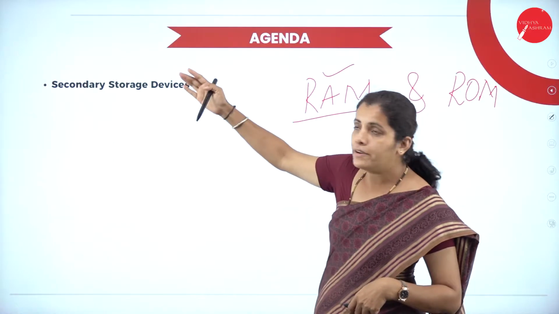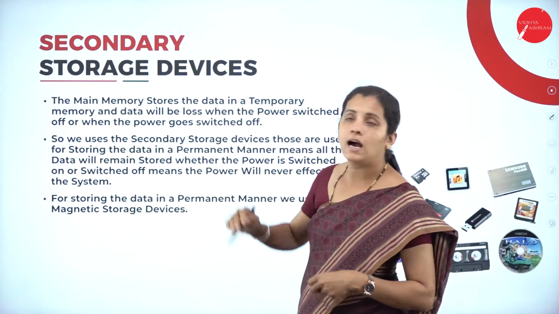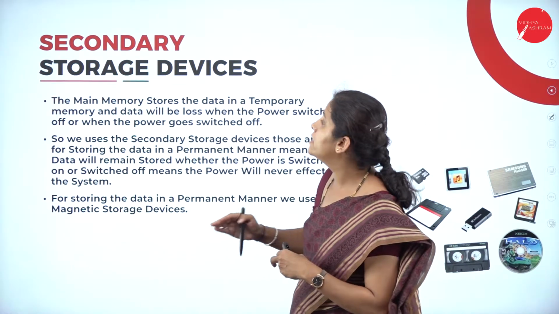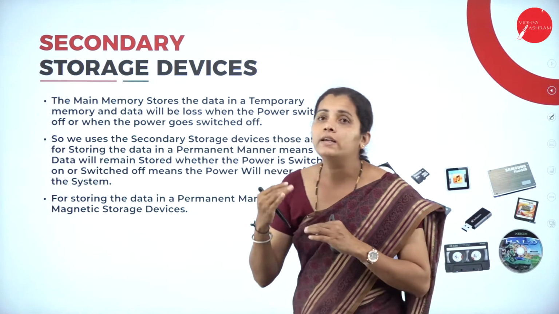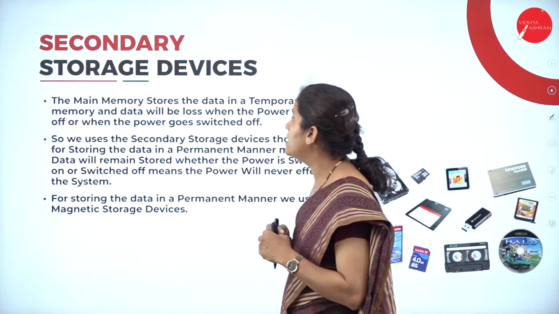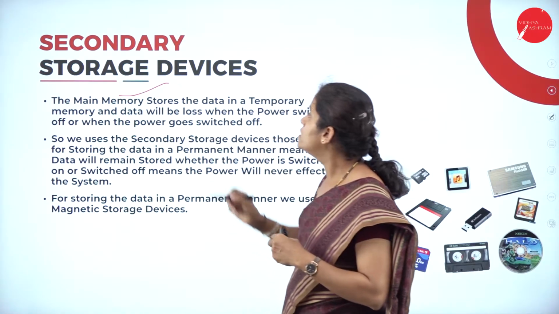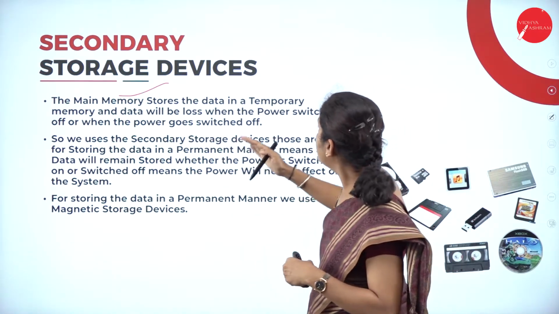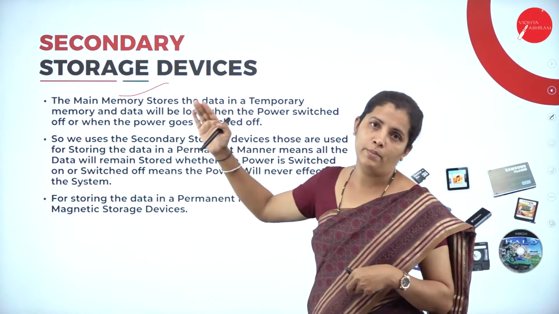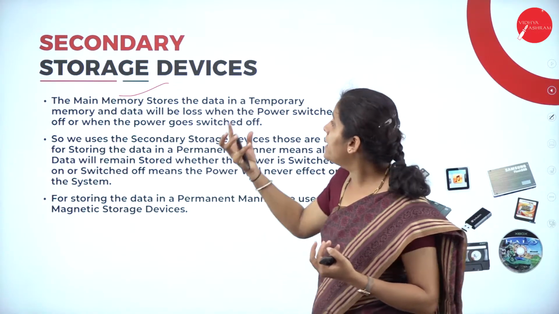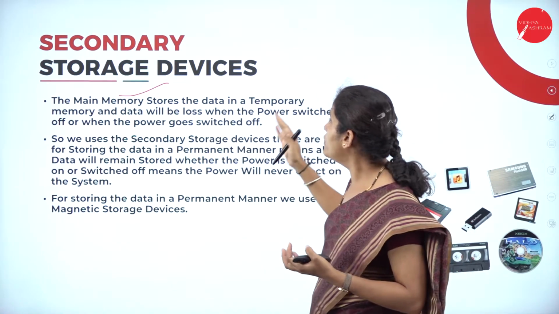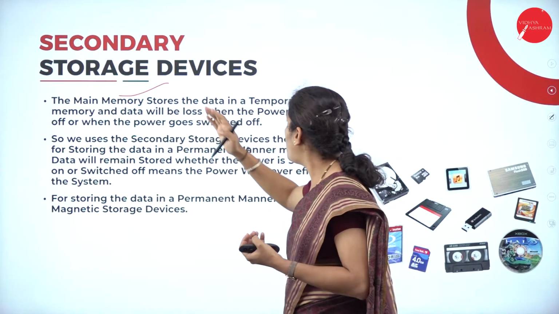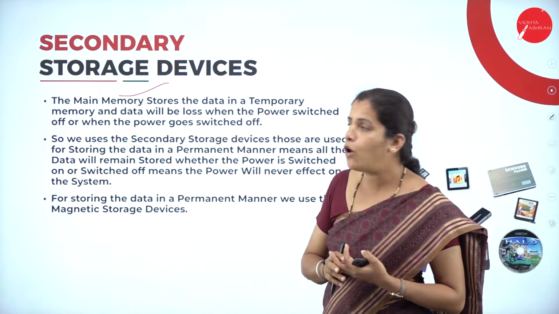Moving further, in today's class we are going to study secondary storage device. So, what is a secondary storage device? The main memory stores data in temporary memory, and that will be lost when the power is switched off.